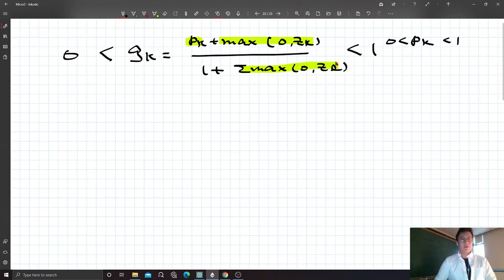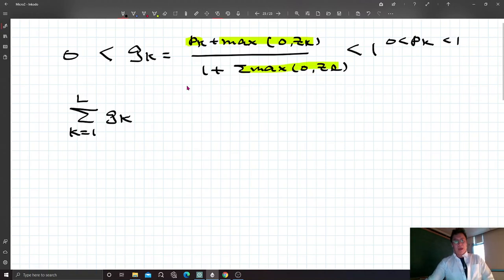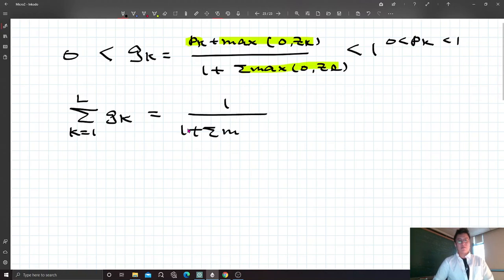And moreover, the summation of g sub k, now we add this function over k. k goes from 1 to L. All right, then because the denominator is independent of k, we can pull it out and put it in front. So 1 over 1 plus the summation of max of 0 and z sub L. Now we apply the summation to the numerator, and we have the summation of p sub k and the summation of maximum.